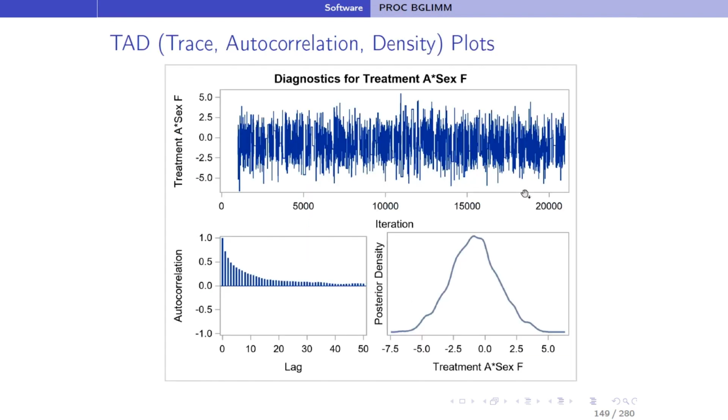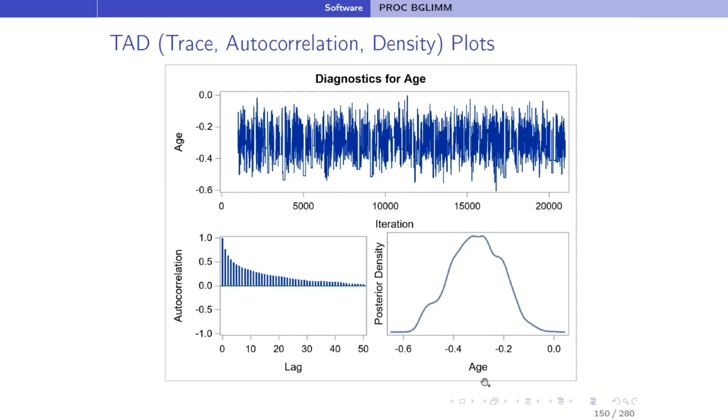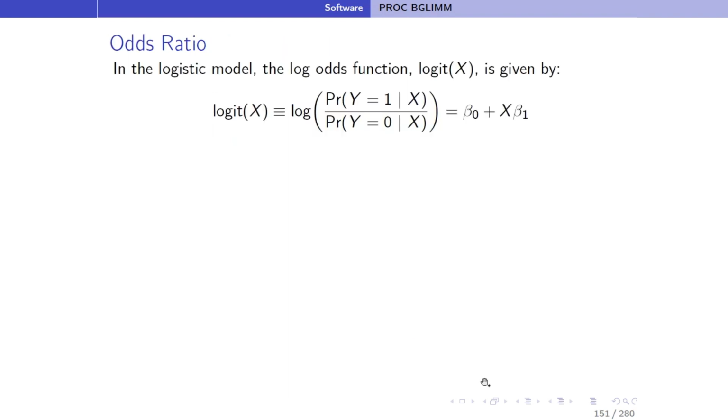And then it also produces trace, autocorrelation, and density plots, which we simplify and call TAD plots, for every parameter. I just picked the interaction term between treatment A and sex equal to female. And you can see that they have similar things in between.